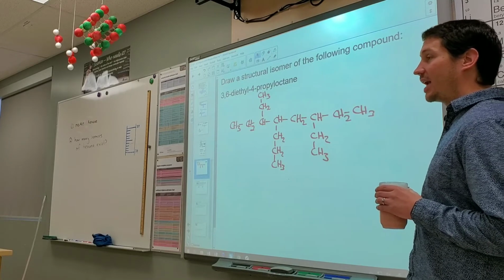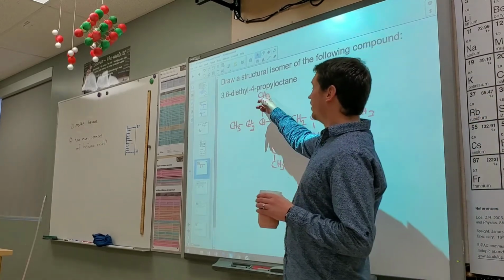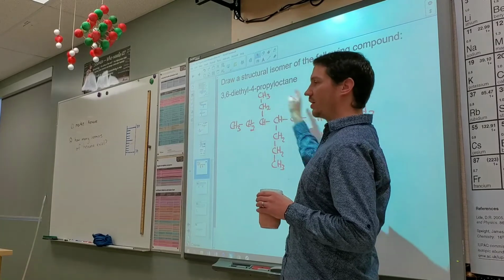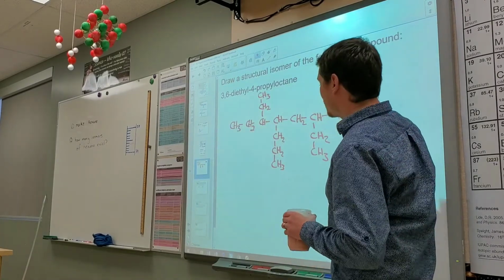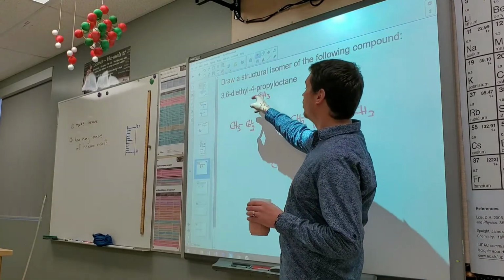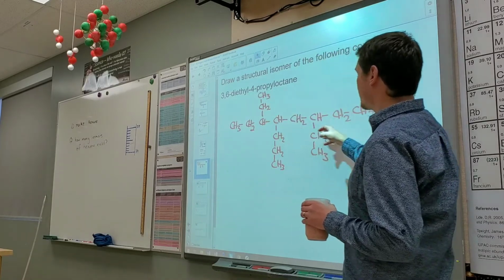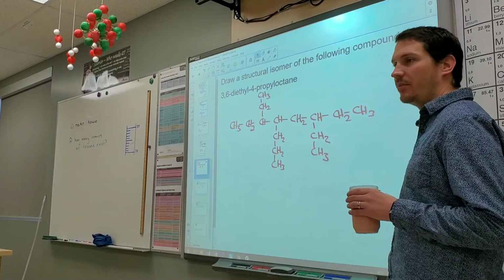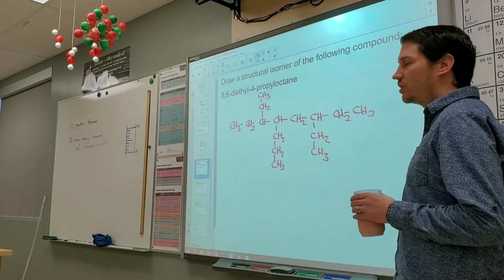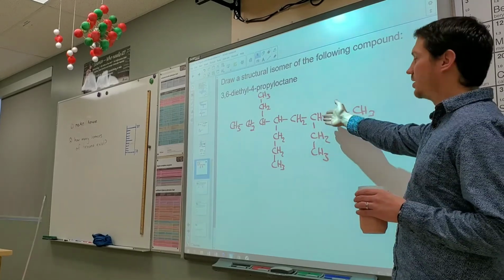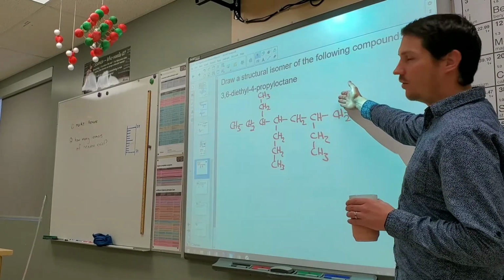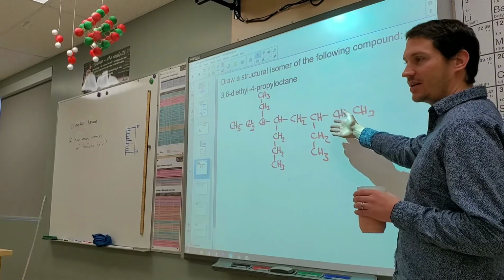Is it okay if we move this one to the right or one to the left? Whichever one you want. Could we move this one to the right and this one to the right? Would that make a different compound? Yes, it would. Remember there's probably well over 1,000 different combinations of an isomer that we can make.